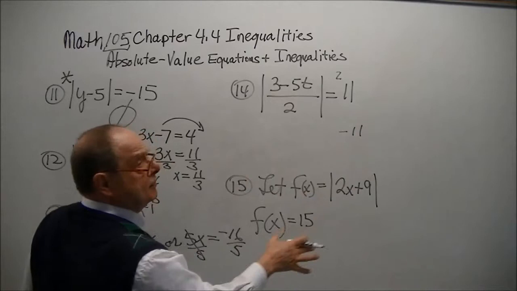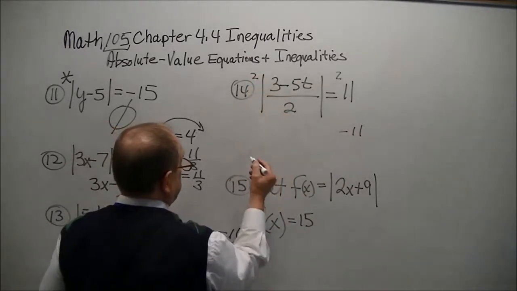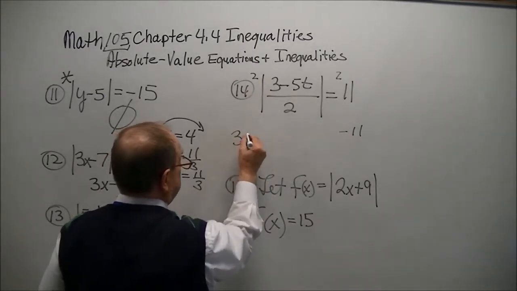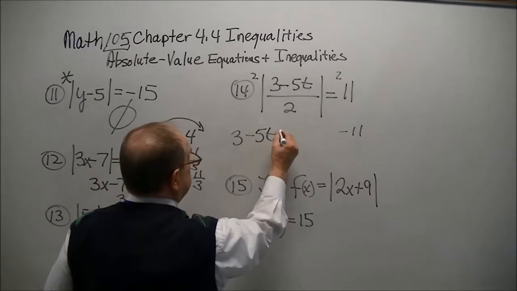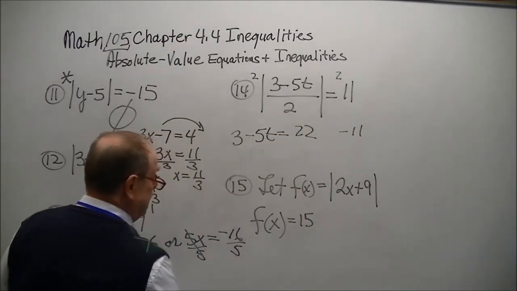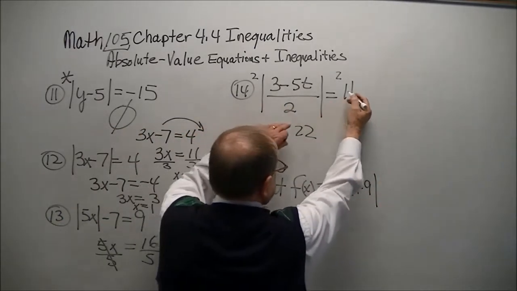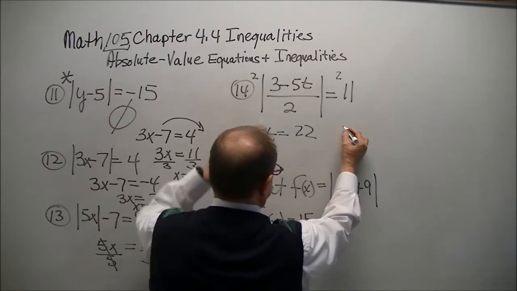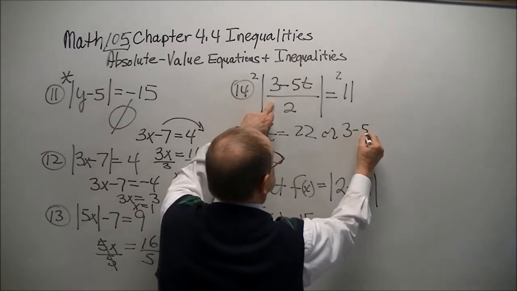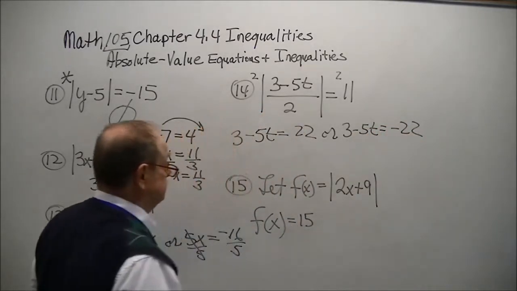So again, I didn't give myself too much room here. So this then becomes, the 2's cancel out, and we get 3 minus 5t equals 22. And then again, this will be a negative 22, so I'm going to get 3 minus 5t equals a negative 22.